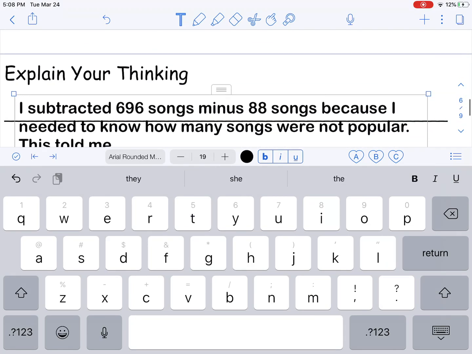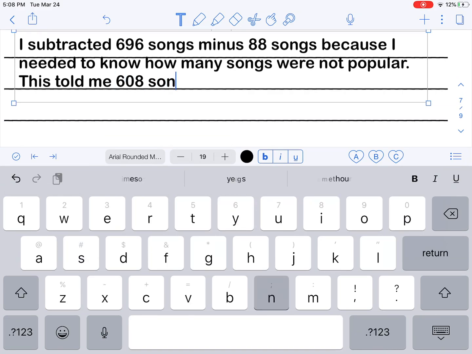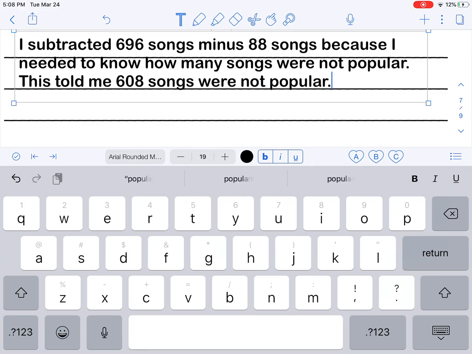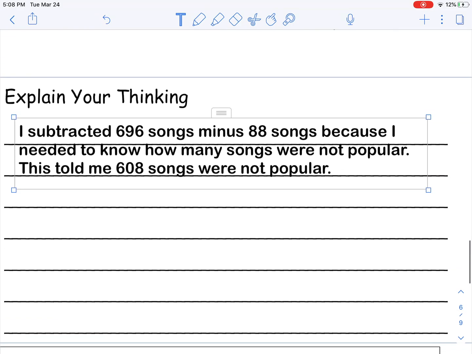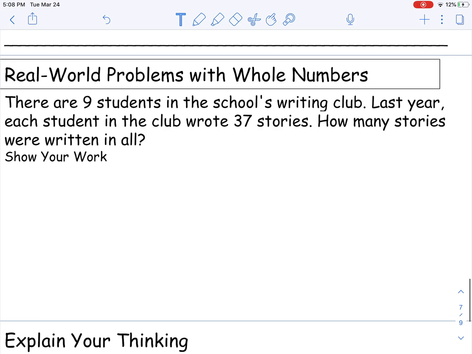This told me 608. 608 songs were not popular. Okay, good job. We're going to do one more together, guys.